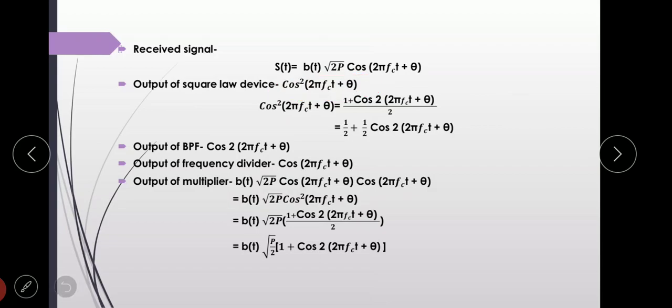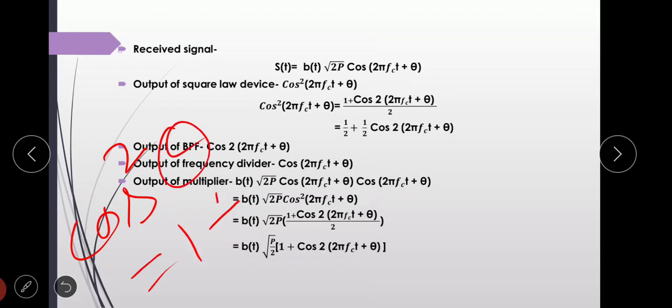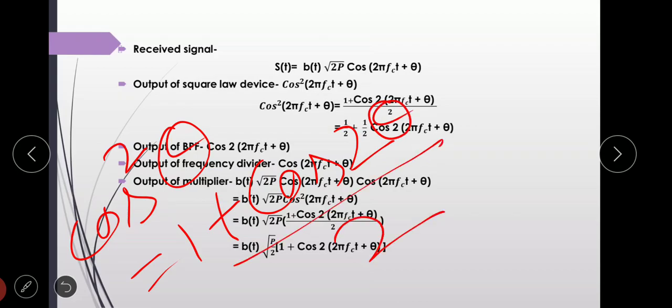The mathematical formula you know: cos square theta is (1 plus cos 2 theta) by 2. This formula is used here to solve cos square (2 pi fct plus theta).